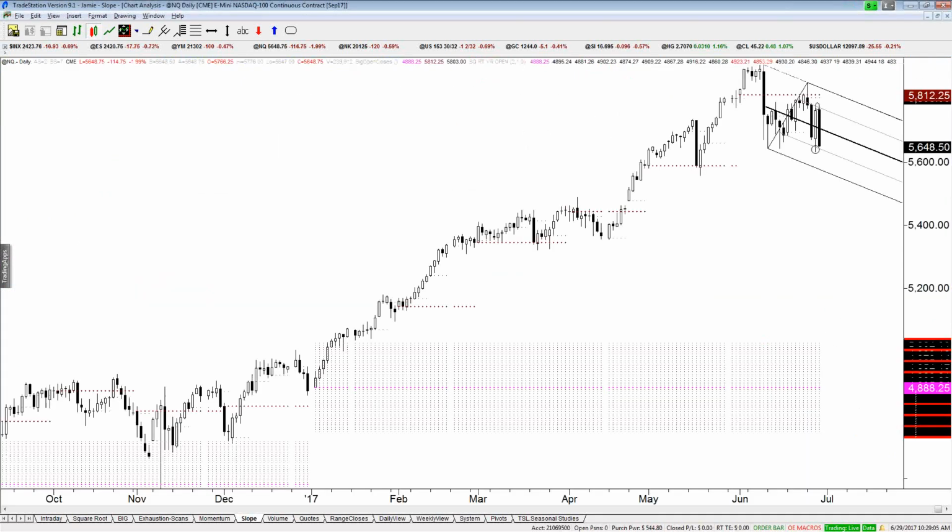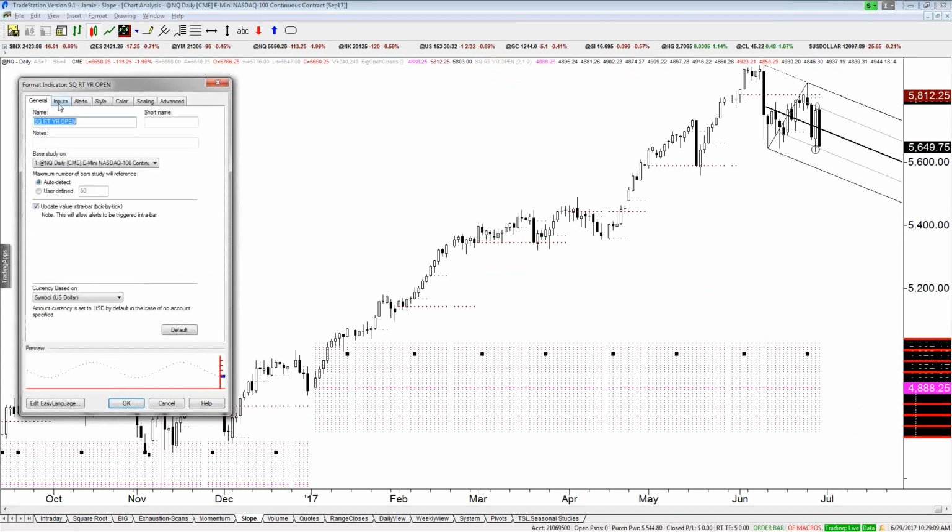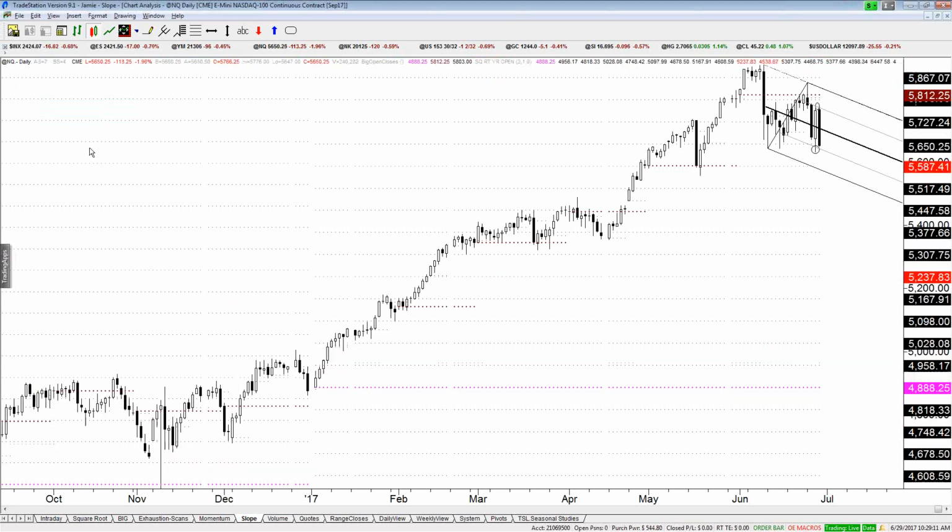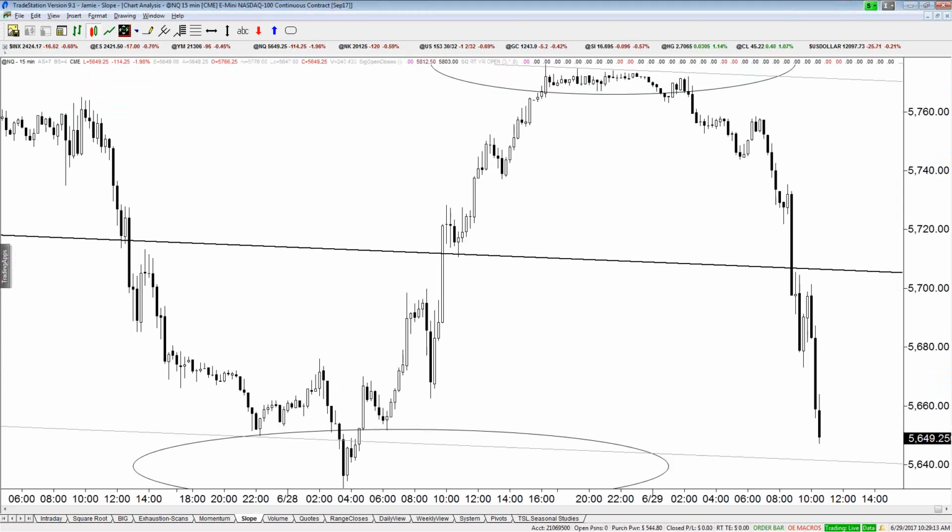NASDAQ futures. This is a case study in slope. Go to 60-minute chart.